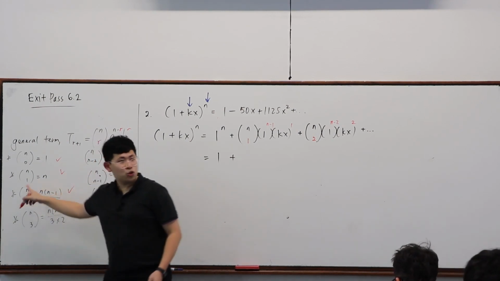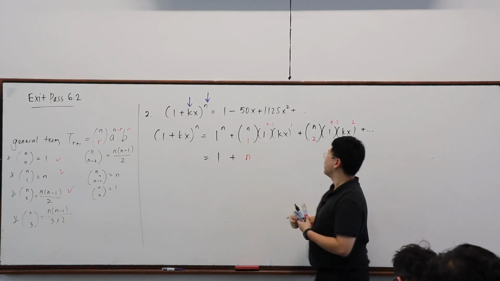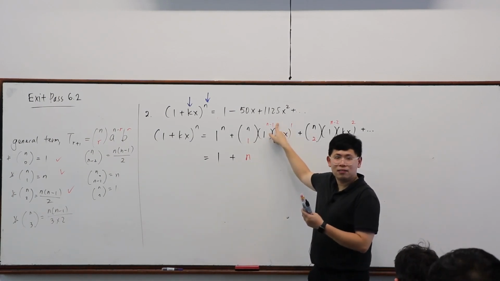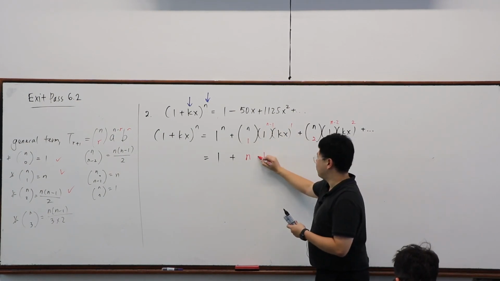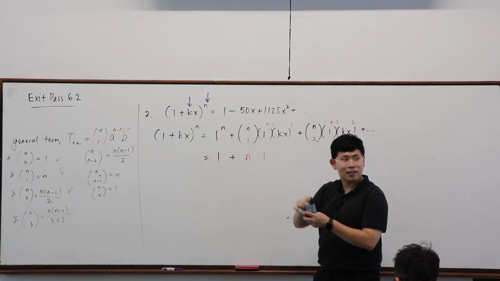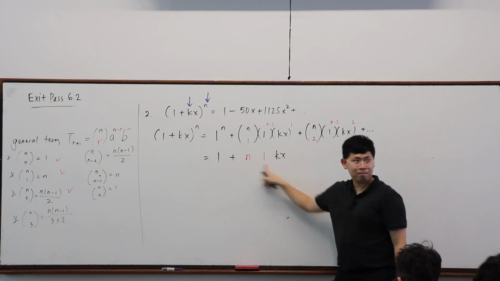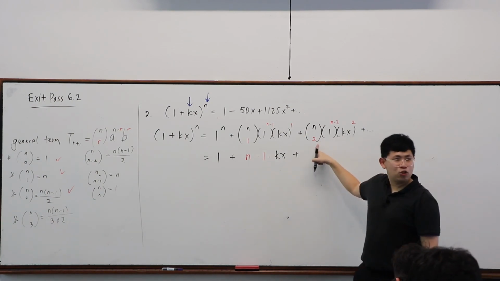So what is n choose 1? N choose 1 is just n. 1 to the power of whatever, 1. Then next, kx to the power of 1, kx. So this is the second term. Third term, what is n choose 2?